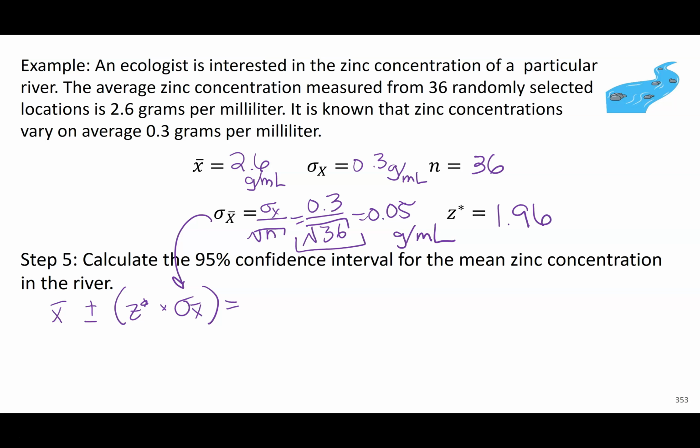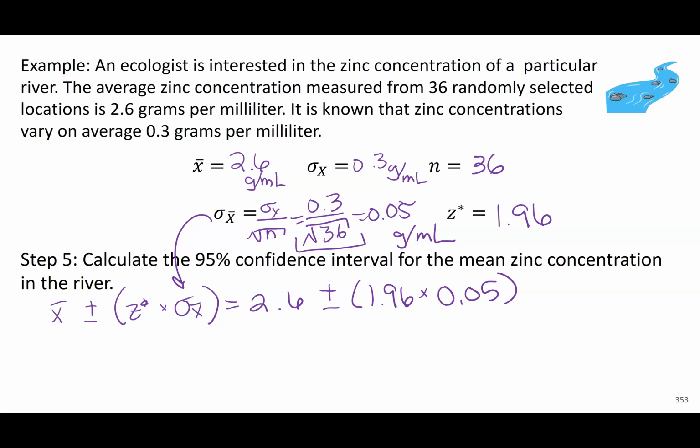So 2.6 is the sample mean, plus or minus 1.96 times 0.05. It's really important to do the multiplication first. I know order of operations is old school, but make sure you do multiplication before addition or subtraction, because it will steer your calculation in a very wrong direction very quickly.